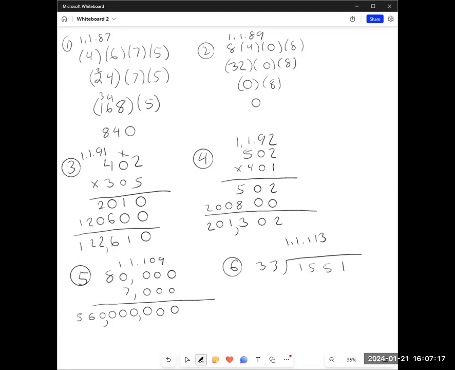So I'm going to estimate this to be about 30. And 30 is not going to go into 15, but it can go into 150 about 5 times. So let's try that. And this is going to be 15. And then 15 plus 1 is 16, and that's too big. So we're going to go down 1 from there.